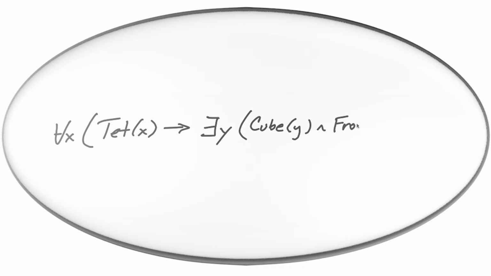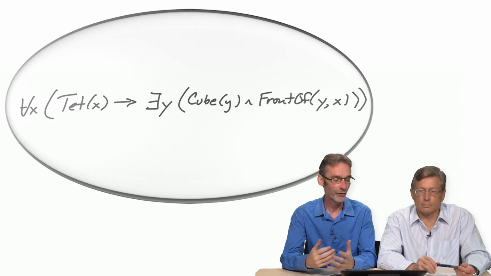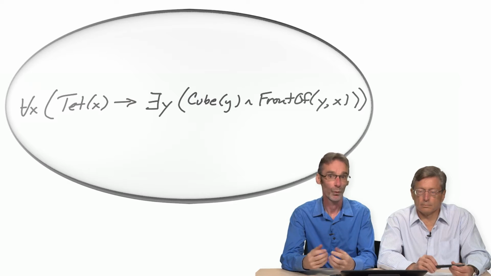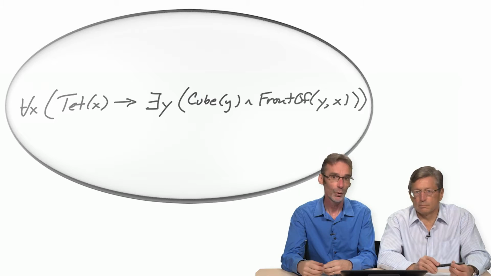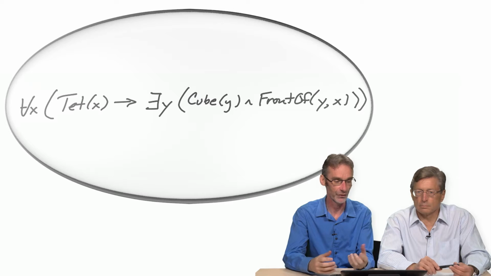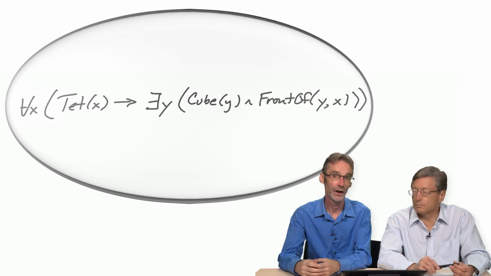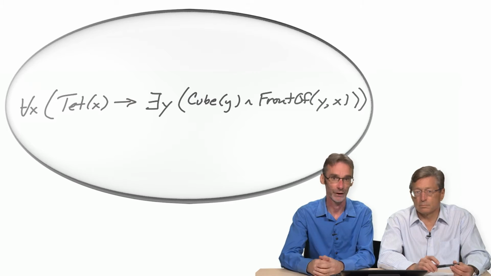We alluded to this strategy when applied to FOL translation in the previous video, when we suggested you could read a sentence like this: for all x, tet x implies there exists y, cube y and front of y x, as saying, every tet has some property. What property? Well, the property that there is a cube in front of it. We're explicitly reading the sentence as the Aristotelian form of the main sentence, every tetrahedron has some property, and then reading the embedded sentence separately.